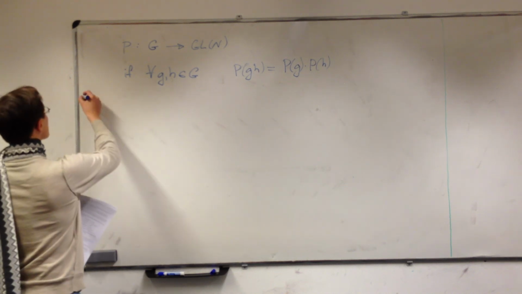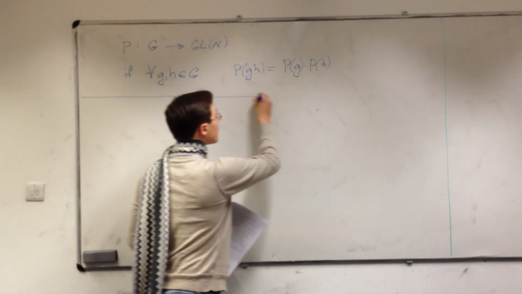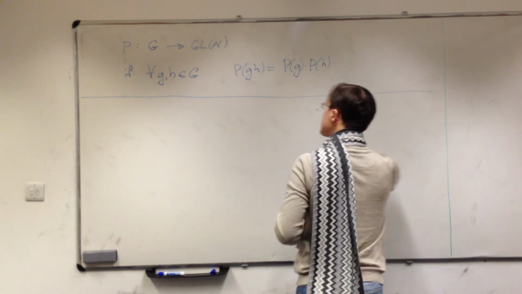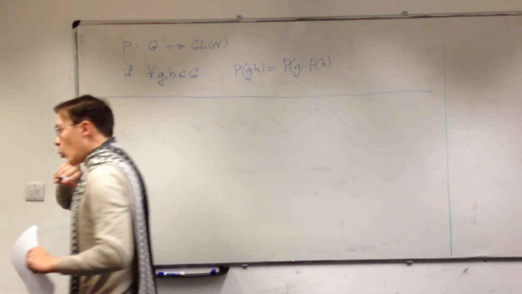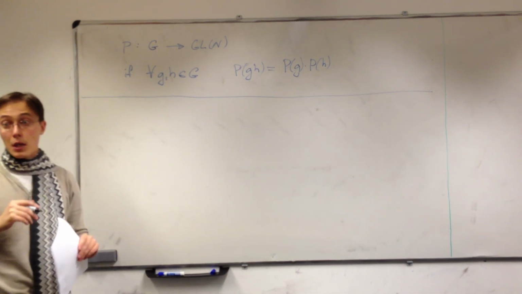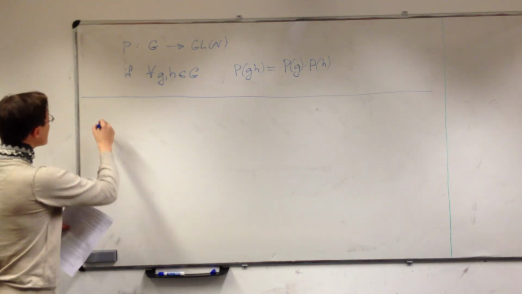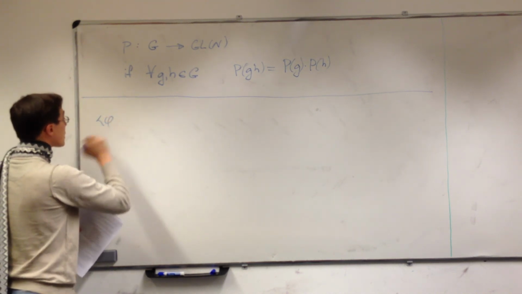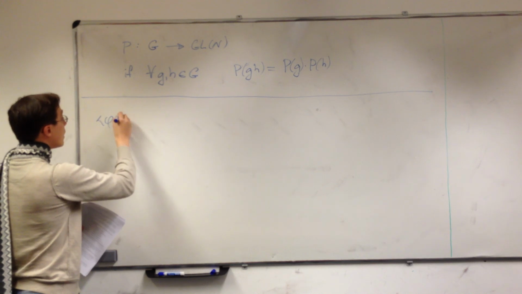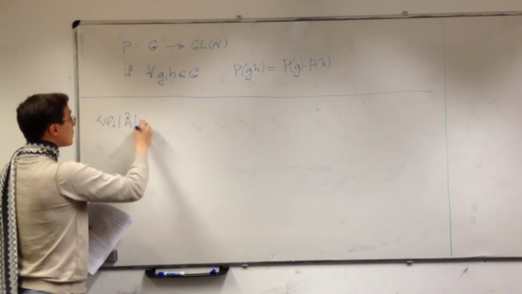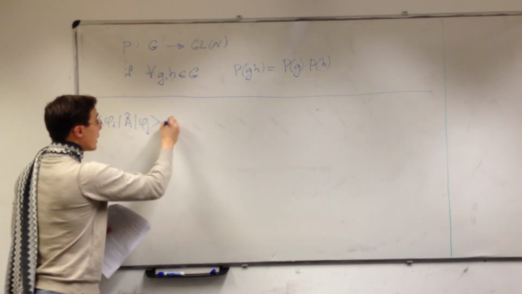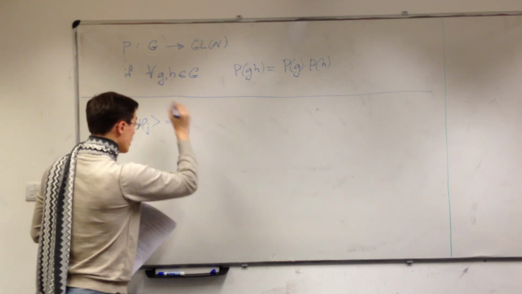Now, representations come in several flavors. You probably remember in quantum mechanics how we built matrix representations of operators. We were fixing a basis, we were calling it, for example, phi, and then phi i, an operator, phi j, was a matrix element aij.